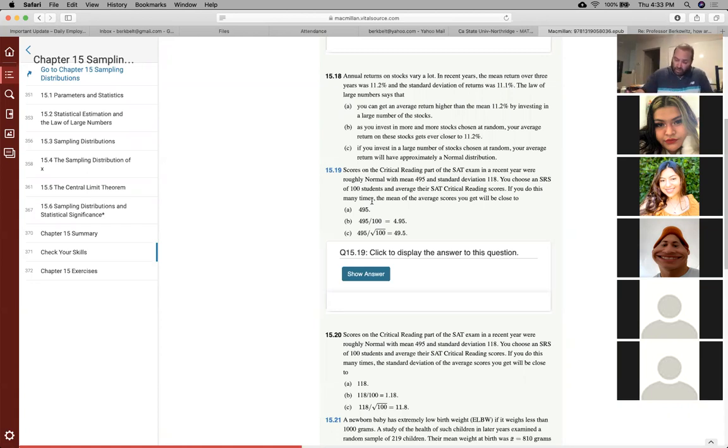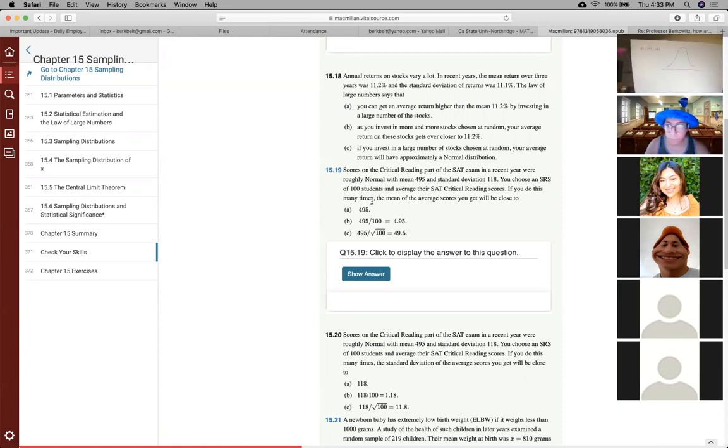What does the capital N tell you in this notation? That we're dealing with a normal distribution. What does the 495 tell you? The mean. And what does the 118 tell you? Standard deviation, right?